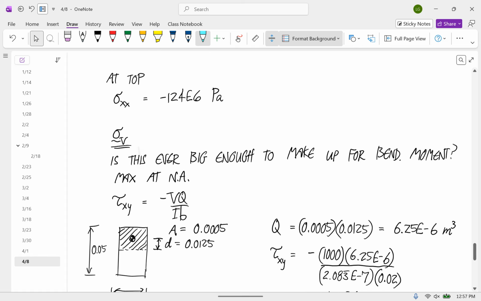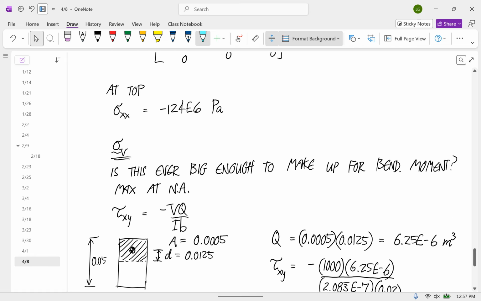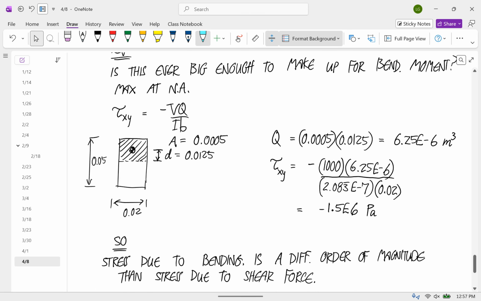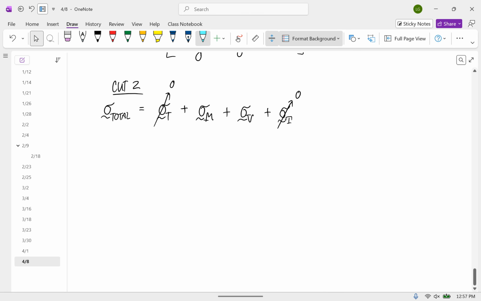Because I'm still only looking at the top of the beam, and it would be 0 at the top. Well, this time it doesn't matter if we look at the top or the bottom. In absolute value, they're going to be the same stress due to bending moment.